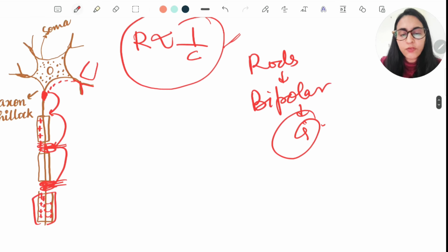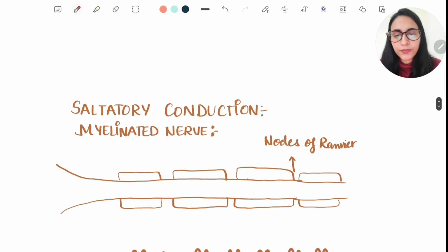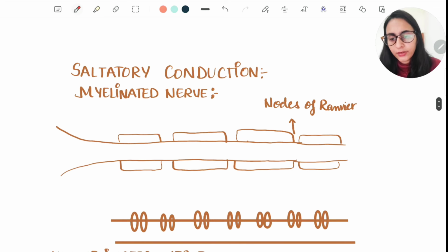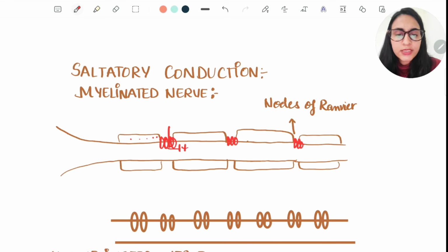So in case of myelinated nerve, the sodium channels are present at the nodes of Ranvier, and they are present in very high concentration. So no sodium channel is beneath this myelin sheath. Sodium will travel a lot of distance since sodium is not leaking out.